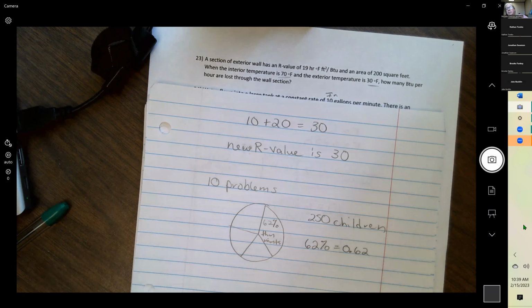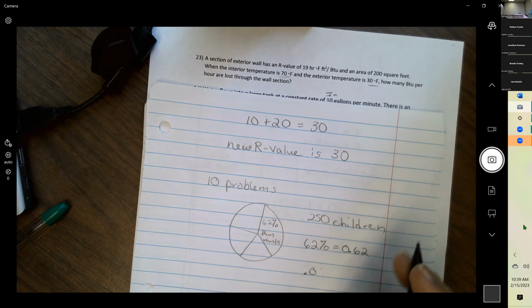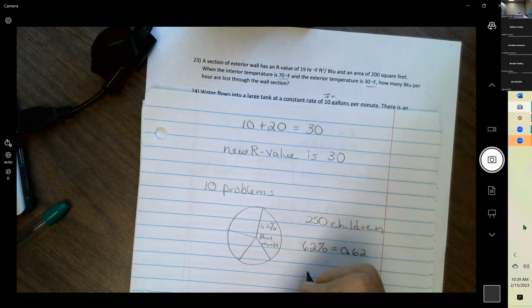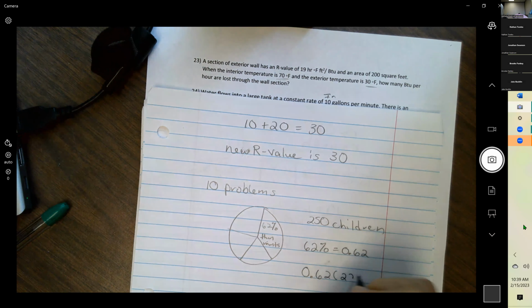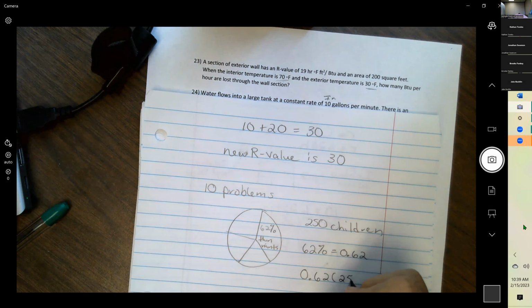Now we want 62% of 250 children. That means to multiply. Of is multiply. So 62% of 250 tells you to take your decimal and multiply it by how many there were. In this survey, I said there was 250.